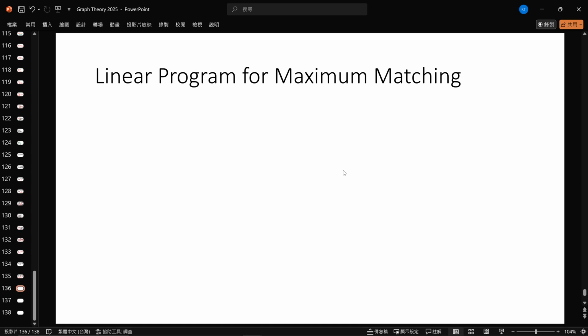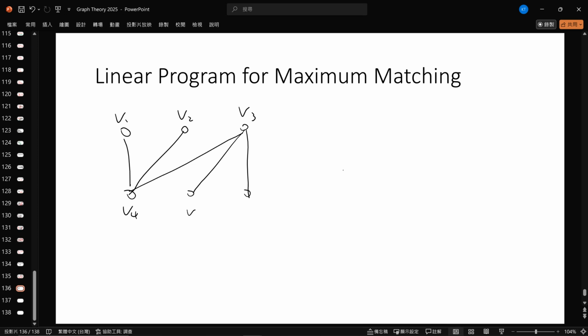Next we will consider the linear program for maximum matching. Suppose this is the input.